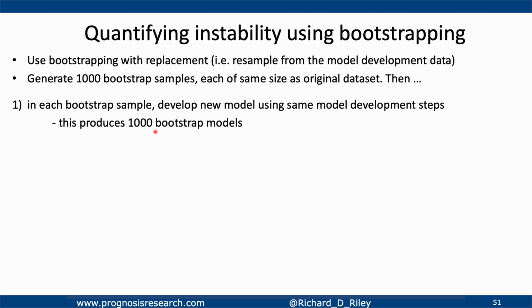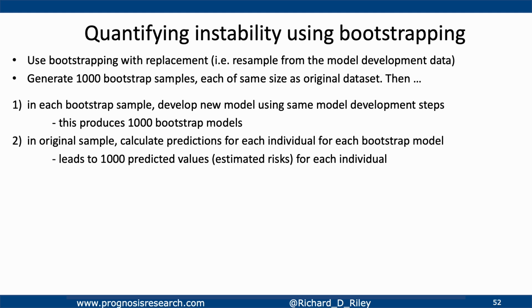We're going to then generate, let's say, 1,000 of these bootstrap samples, and in each one of them, we're going to develop a new model using exactly the same model development process that we've done before to produce 1,000 bootstrap models. Then in the original sample, we apply the model to make predictions for each individual, for each bootstrap model. Okay, so in the original sample, we're going to apply each of the 1,000 models. So for each individual, we get 1,000 predicted values, 1,000 estimated risks.